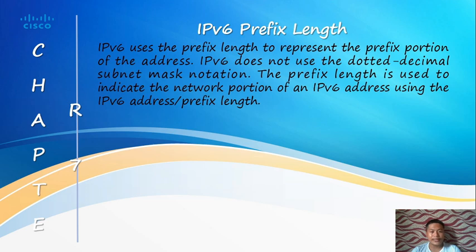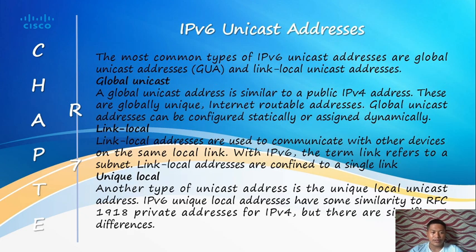IPv6 uses the prefix length to represent the prefix portion of the address. IPv6 does not use the dotted decimal subnet mask notation. The prefix length is used to indicate the network portion of an IPv6 address. So, IPv6 unicast addresses.